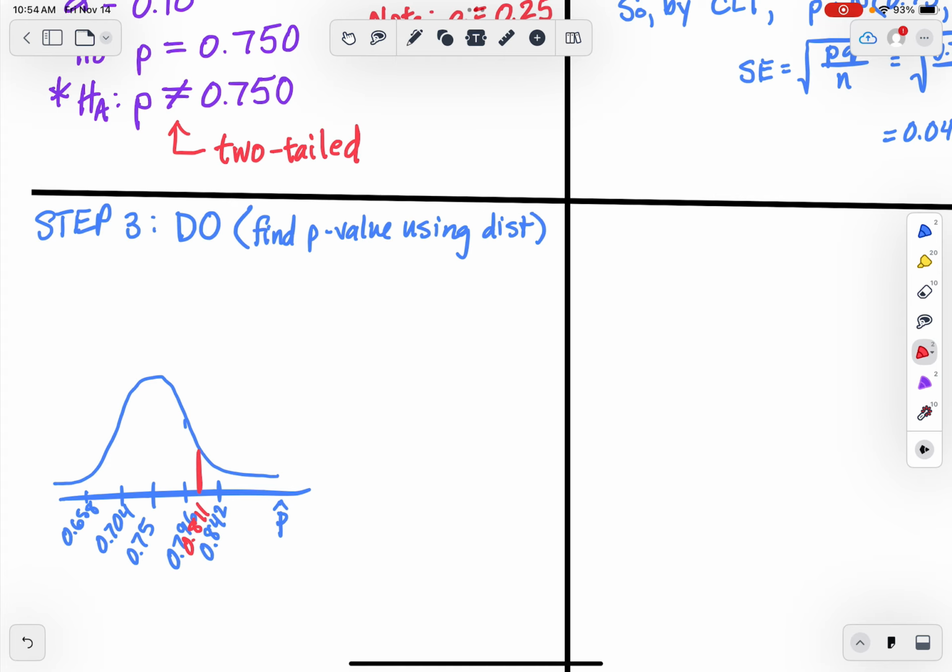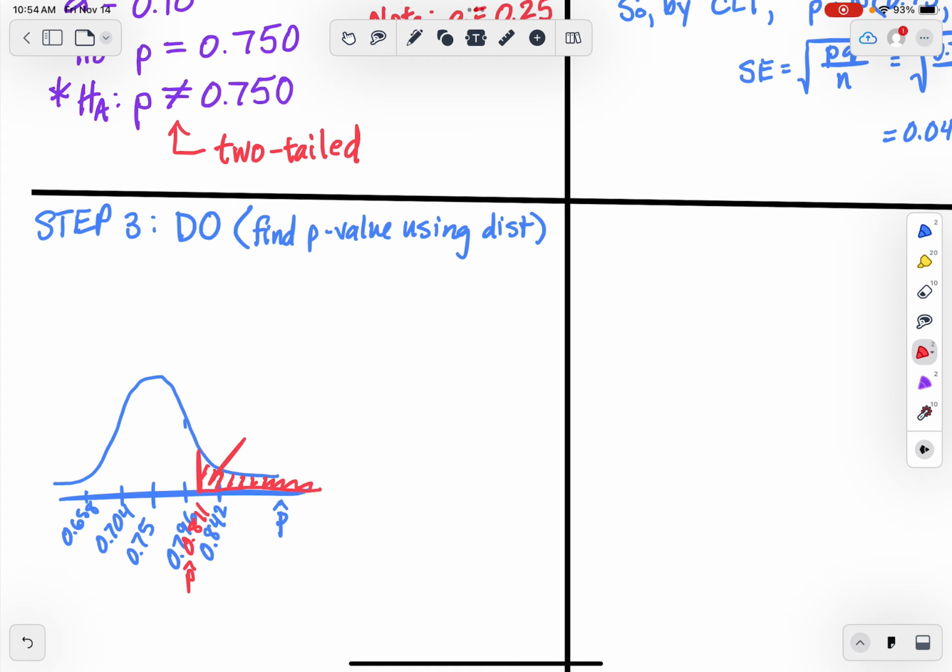So 0.811, that was my particular p-hat for my experiment. And remember, we're looking at a two-tailed test here. So first we have to look at where we're at, and our p-value is the chance of getting this data or more extreme. And more extreme is in the tails. So the tail that I'm closest to is right here.